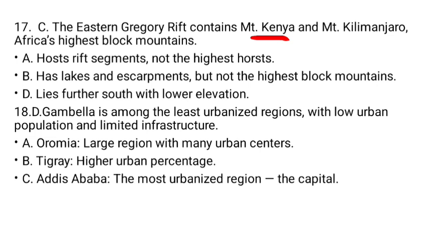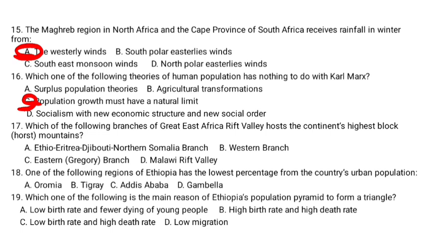A, the Ethiopia and Djibouti parts, hosts rift segments, not the highest mountains. B, the Western branch, has lakes and escarpments, but not the highest block mountains. And also, the Malawi Rift Valley is found farther south with lower elevation. As a result, C is the correct answer for question number 17.